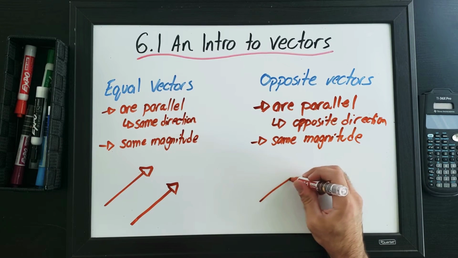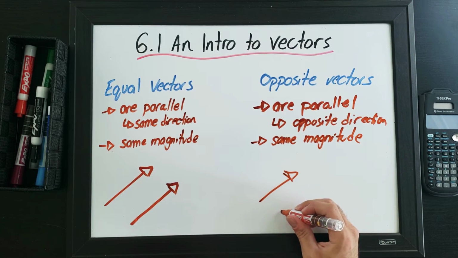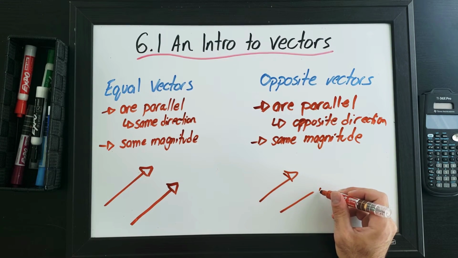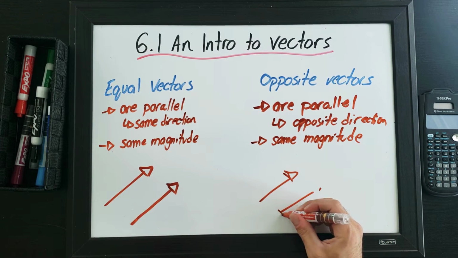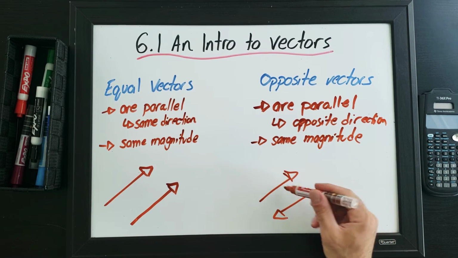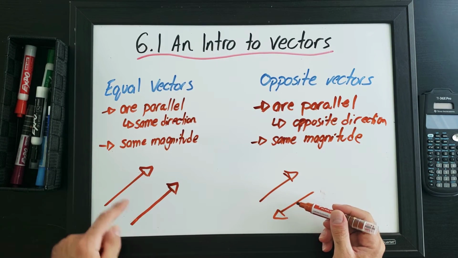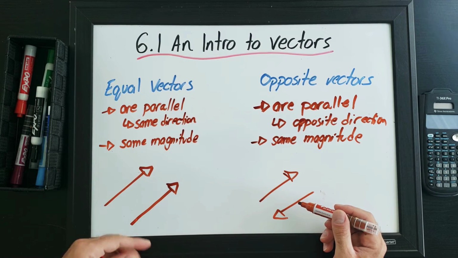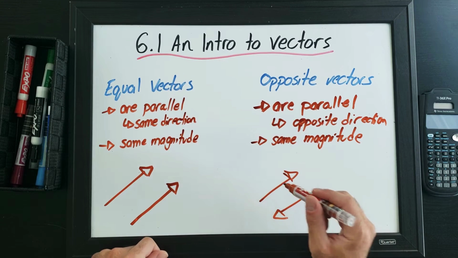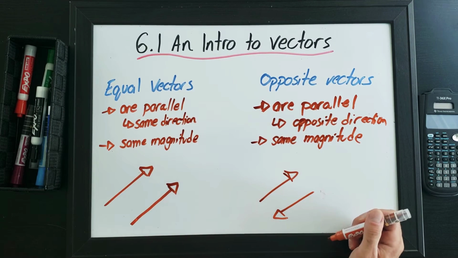So for instance, I have a vector like this. Here's my parallel vector, and if I put the arrow this way, I'm going to have an equal vector. However, if I put the vector this way, these are opposite vectors. For instance, if I add these two, I get 0. Whereas if I add these two, I get 2 of whatever the magnitude is. So if this is 4, together it's 8. If this is 4, this is -4, together this is 0.